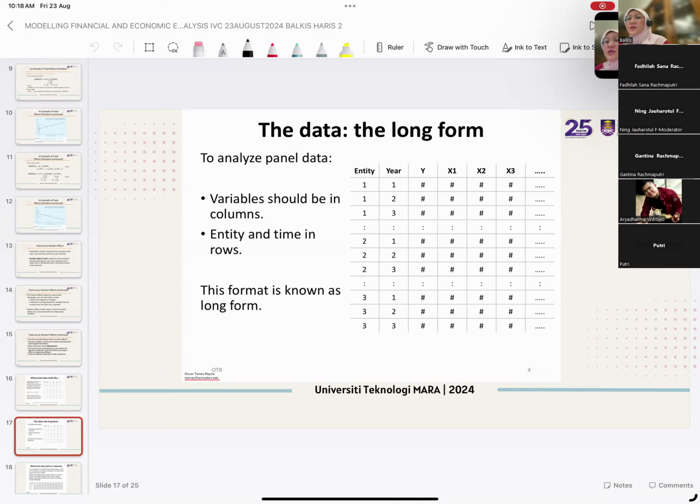The third column is Y, the dependent variable. Columns 4, 5, and 6 are the independent variables. When the variables are in columns like this, it is called long form panel data. All the variables should be in columns, then it's called long form format.